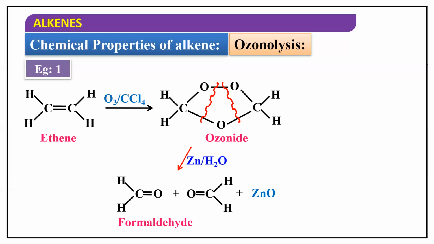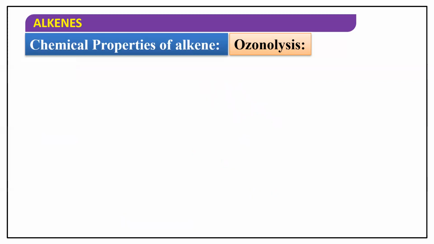If you understand this example, anyone gives you any alkene, you can just apply the same logic here. But depending upon the substituents, you will get different byproducts. Okay, so this is the ozonolysis reaction. Let's take one more example. I want you to do this right now. I'll give you, say, 5 minutes.